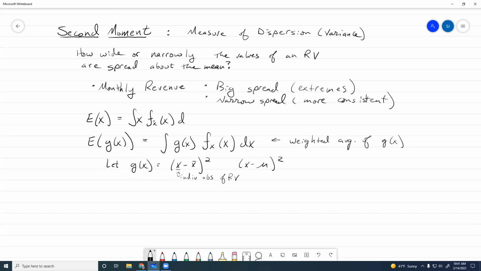So now we can define the variance of x, var. We're going to use this formulation by plugging this in for g of x, right? So x minus mu squared times the distribution of x dx.